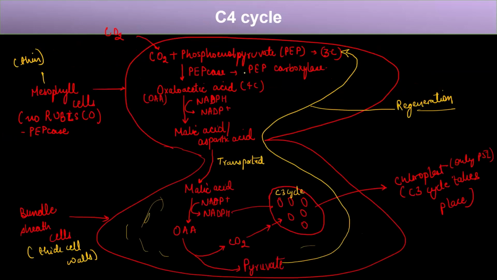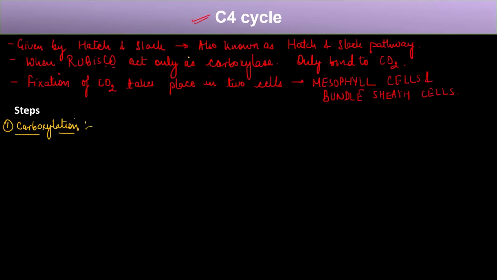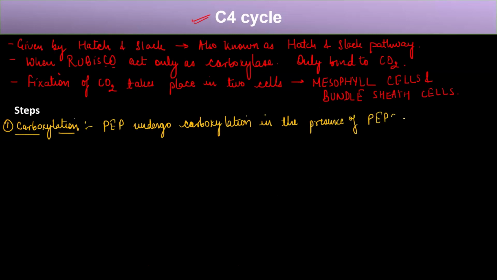We can see phosphoenol pyruvate, which I am writing as PEP, undergoes carboxylation by the addition of this carbon dioxide, right, in the presence of PEP carboxylase. Now, this is the first step.